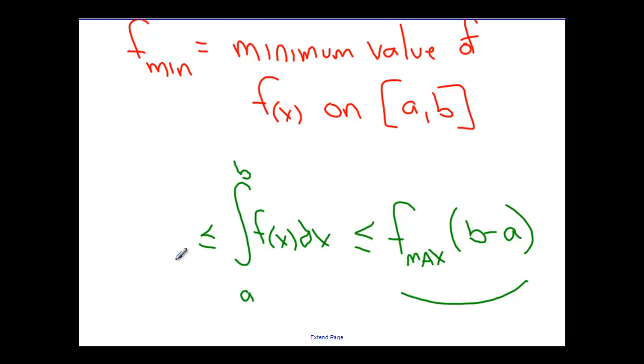Likewise, our integral has to be greater than the minimum function value times the width of the interval. This is the smallest rectangle that would be produced by this function, and so our function has to be bounded by these two ideas. So we can often make use of this to help us solve problems, and that is the mean value theorem for definite integrals.